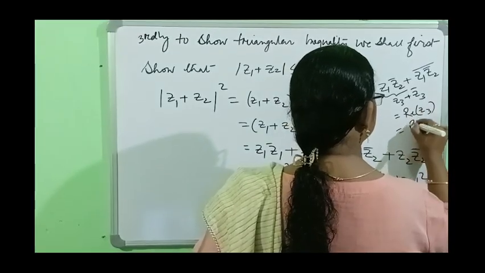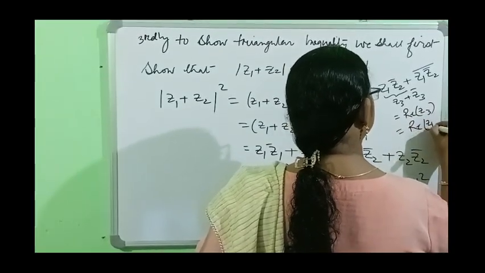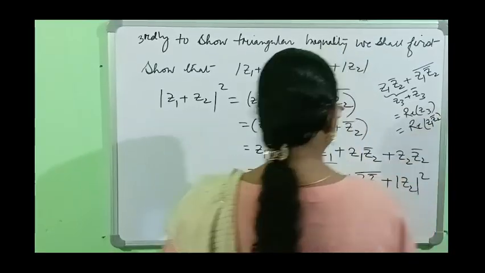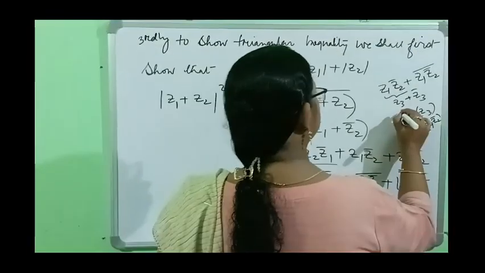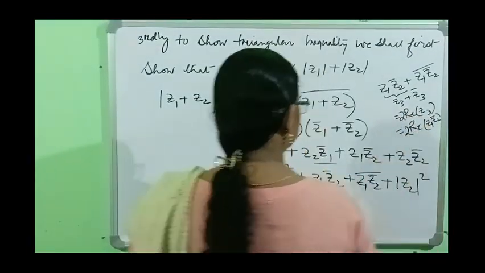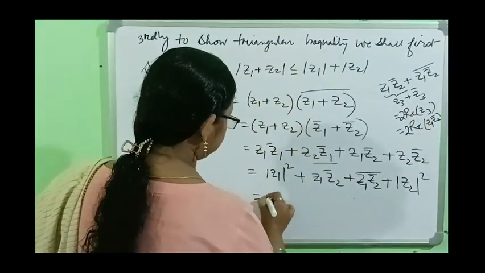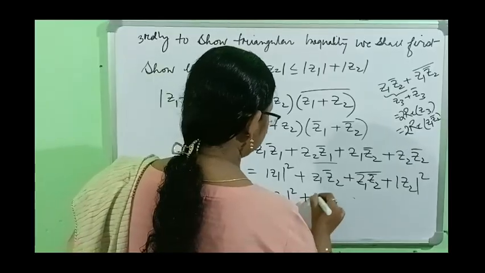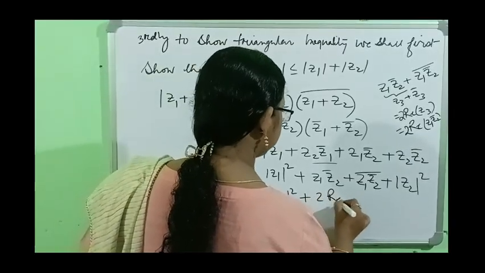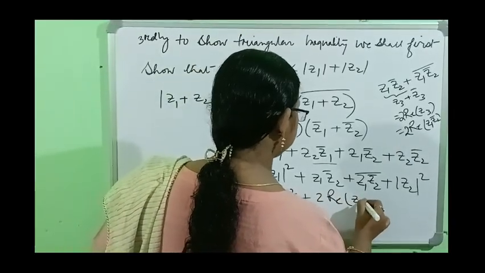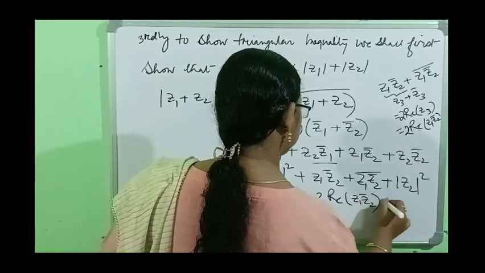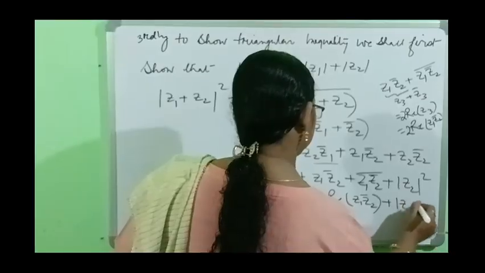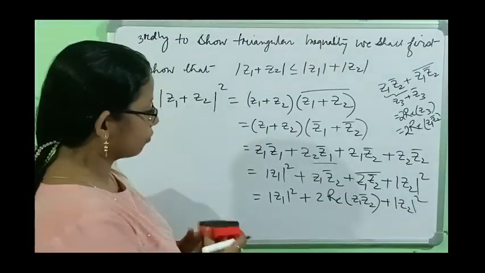Here z3 is my z1 z2 conjugate. So this is twice the real part of this one: modulus z1 square plus 2 real part of z1 z2 conjugate plus modulus z2 square.